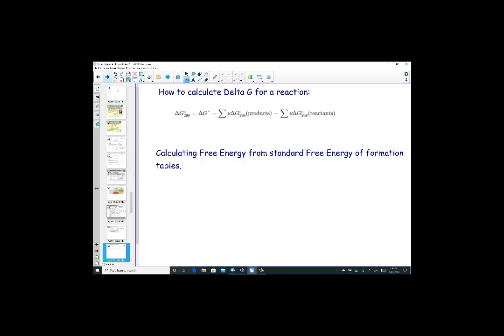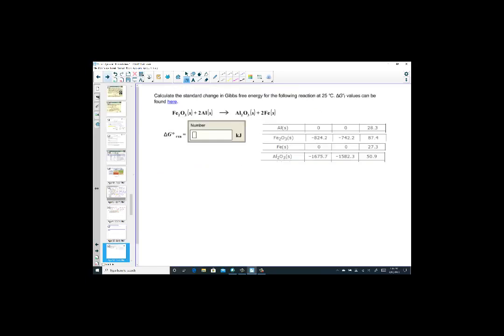Calculating free energy from standard free energy of formations involves using that thermodynamic table found in our appendix. So again, this is another type of state function that allows us to take the sum of products minus reactants. And we'll try one of these together.